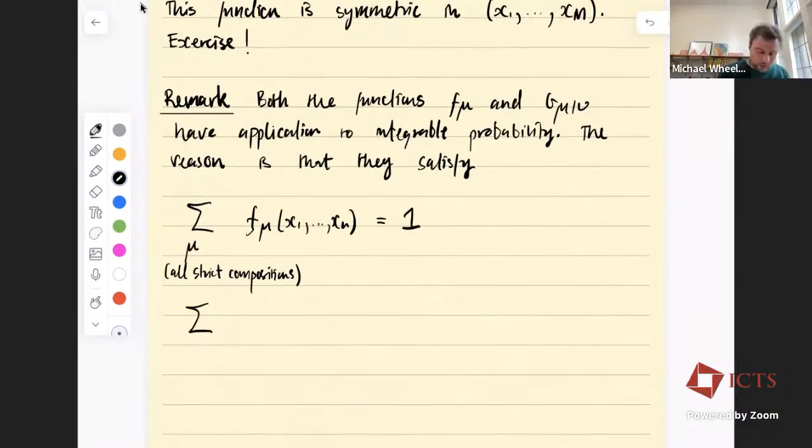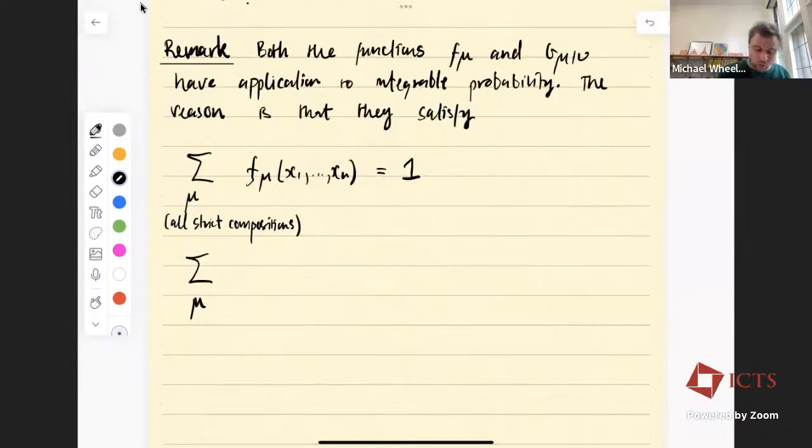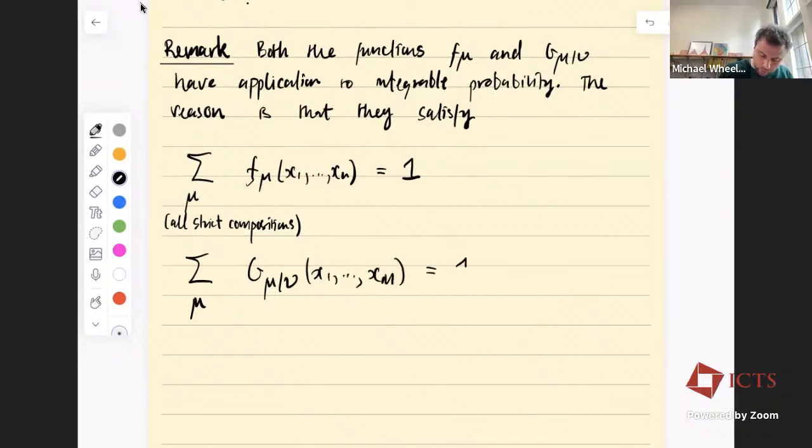And the second property is if I sum, again, over all strict compositions mu, the function g mu over nu, x1 up to xm, this also adds up to 1. And that holds for any fixed nu.